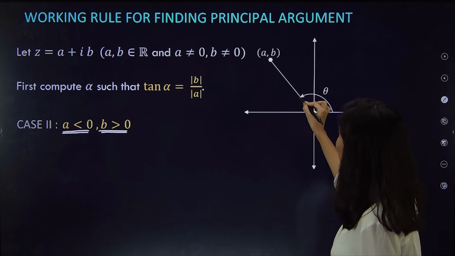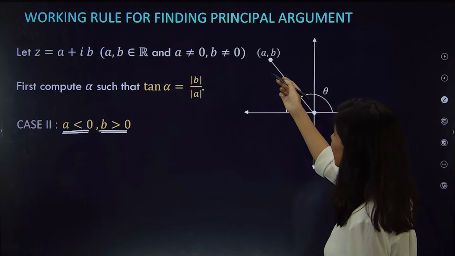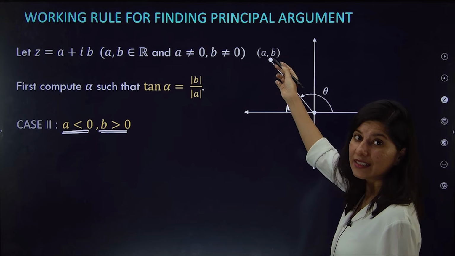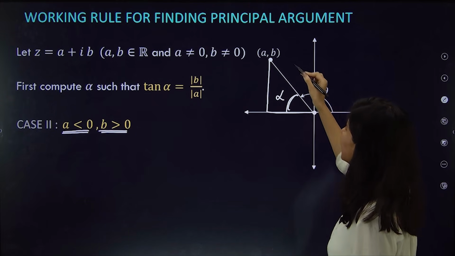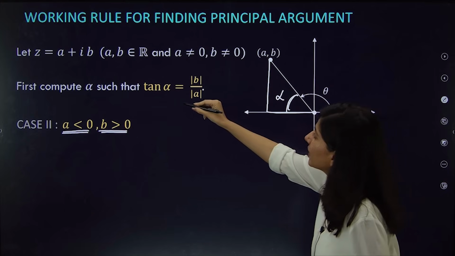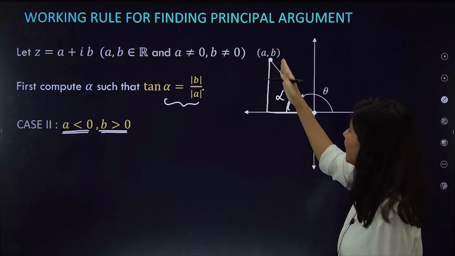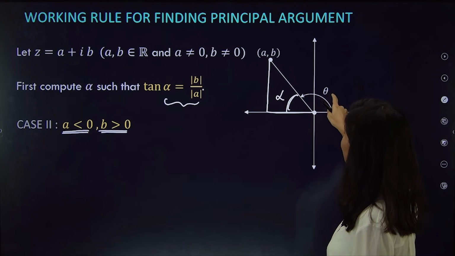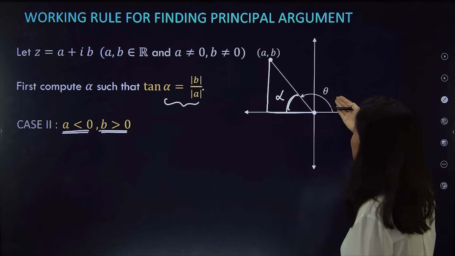Let us consider this angle as alpha. Tell me, tan alpha is equal to B by A, and we are only talking about the positive values of B by A. We are looking for this angle, so obviously alpha we know, theta we want to know.